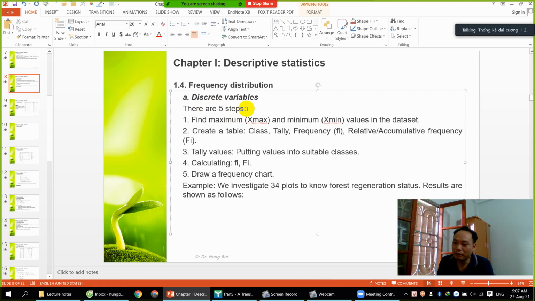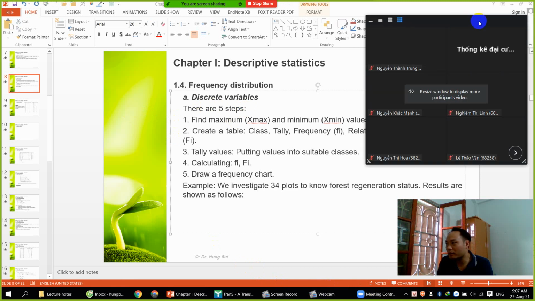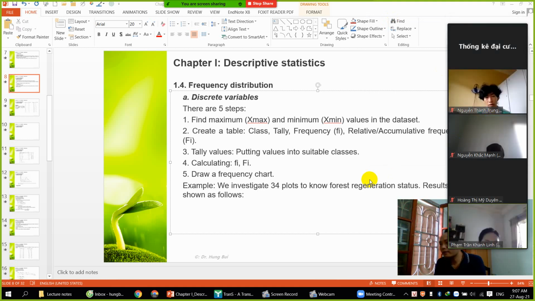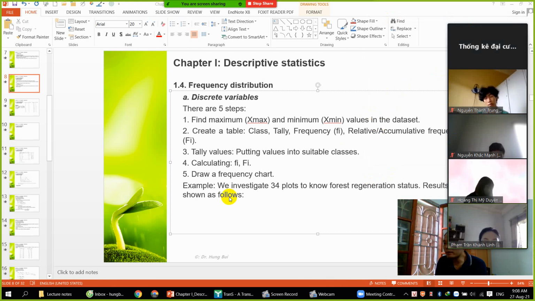So what is the first step? In the data set, right?